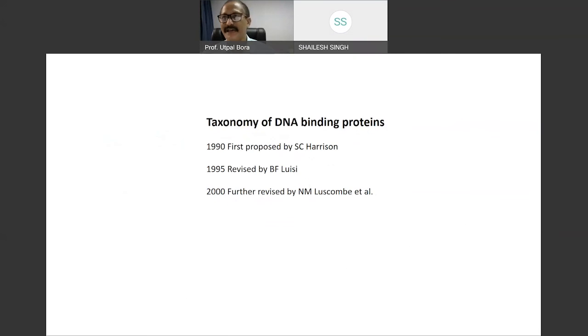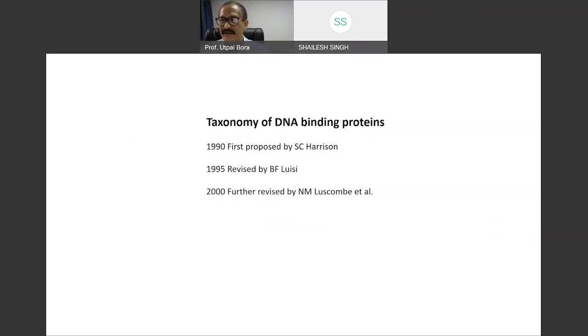And then I'd like to go to a most important topic in this lecture, the taxonomy of DNA binding proteins. So we know that roughly around 6 to 7% of the proteins in the eukaryotic genome belong to the class of DNA binding proteins.